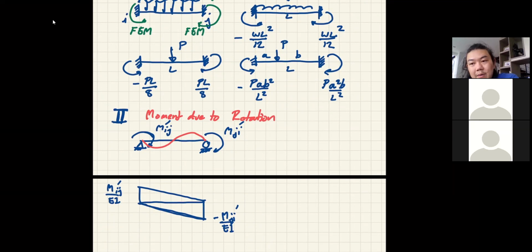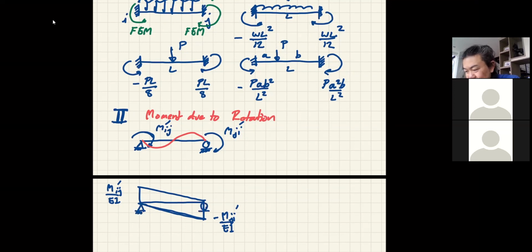Now, the most convenient way to calculate the rotation and relate the rotation to the moment, because we are talking about the moment caused by rotation, right, is the use of the method called the conjugate beam. And the method of conjugate beam says that if you put the bending moment diagram here on the beam, remember this is the bending moment diagram of this case, if I put this bending moment diagram on the beam it becomes a conjugate beam. That's pretty blunt.